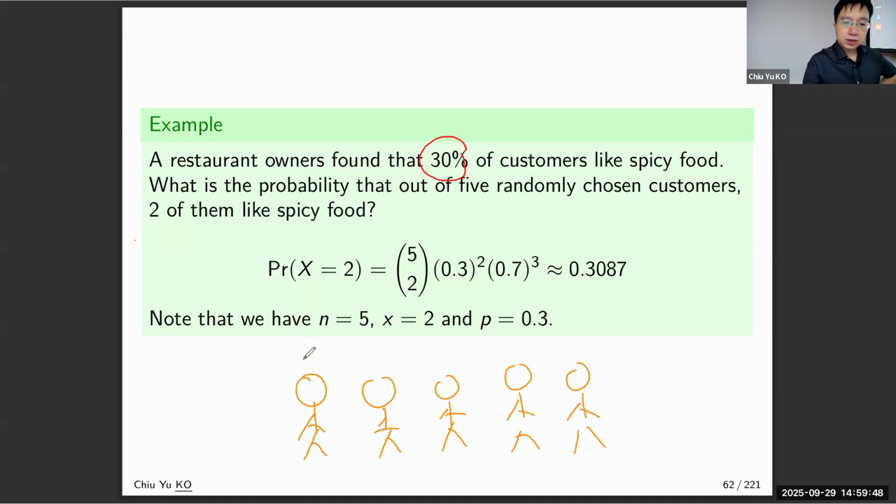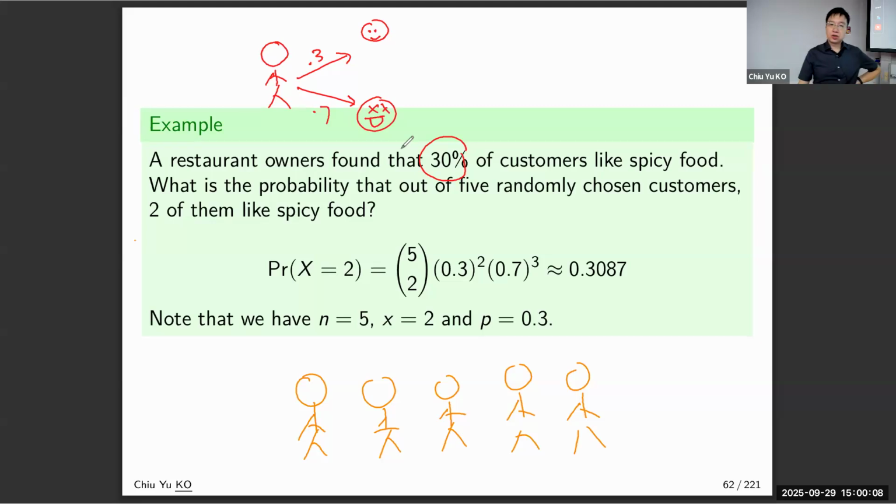So if I pick a random customer here, there's a 30% chance that they like spicy food and 70% that they don't. The question being asked is: of 5 randomly chosen customers, how many like spicy food? So I want this to happen. That's the question we're asking.